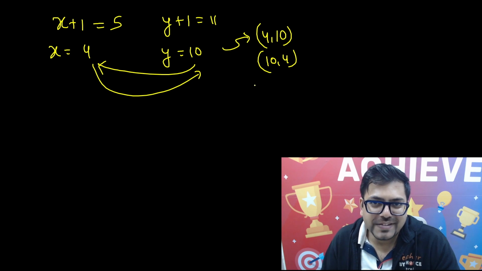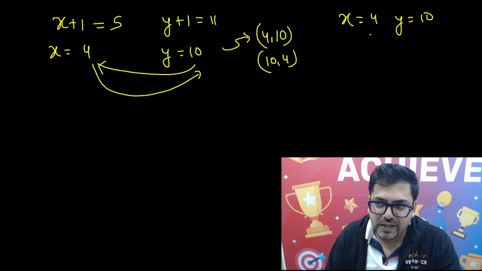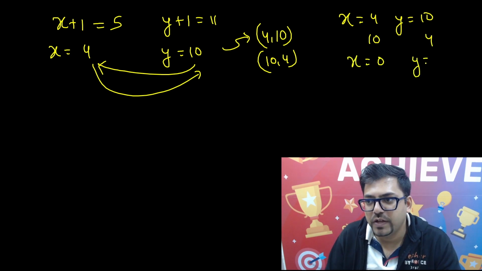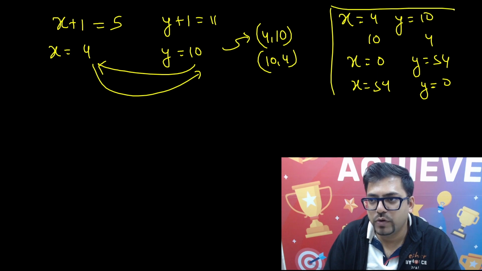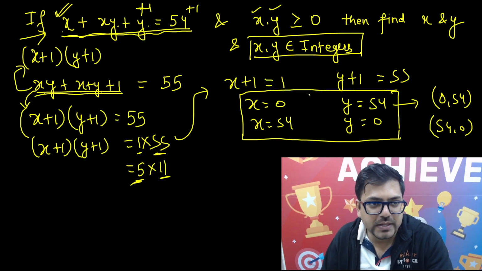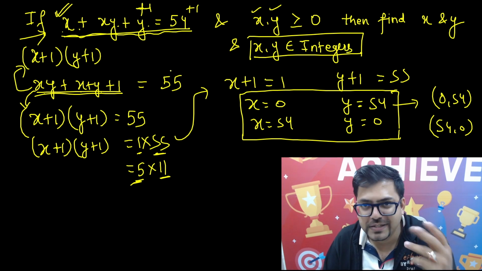So we have got the answer. x is equal to 4, y is equal to 10, or vice versa 10 comma 4. The other possibility, x is 0, y is 54, and vice versa, x is 54 and y is 0. So these are the 4 solution sets we have got for x and y, given that x plus xy plus y is equal to 54. And hence we have got the answer.